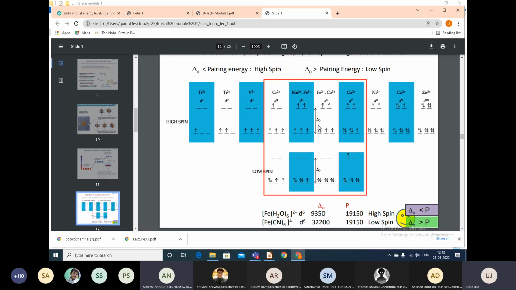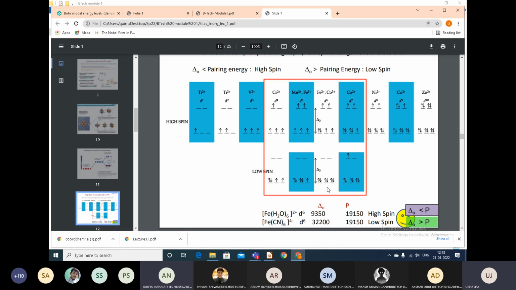These are symbolic figures. Here, I'm not trying to show you that all are the same delta O's. We are just depicting it as such, but here it is pairing. The fact that it is pairing up means that the delta O is much more than the energy required to pair up. So it spends some energy to pair up rather than move up and stay single.